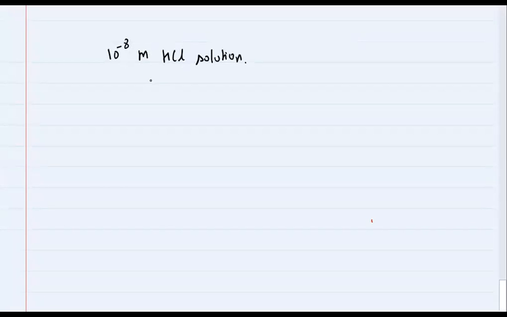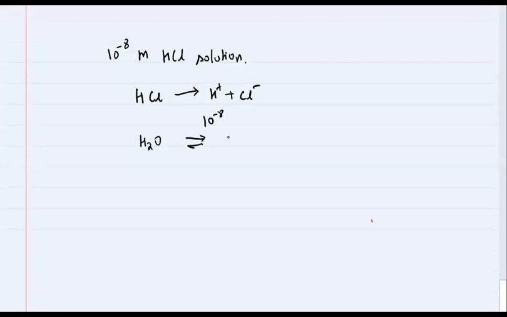So we have HCl, which will give H plus plus Cl minus. Now the concentration of this H plus is 10 to the power minus 8. No issues as such. But we have H2O also, which will also dissociate into H plus plus OH minus.